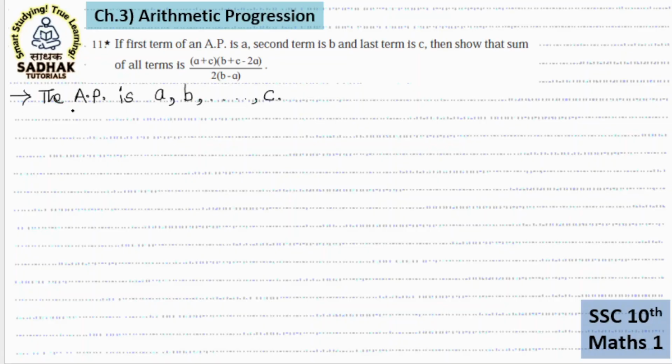In this AP, we know that term 1 is A, term 2 is B, and the last term, that is Tn, is equal to C.